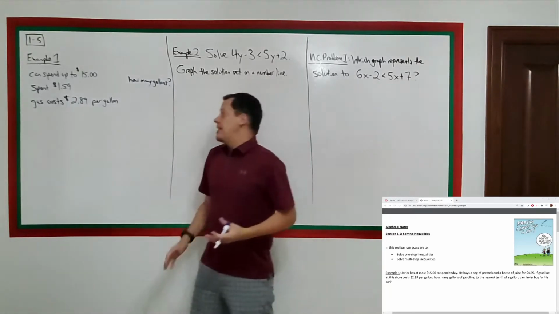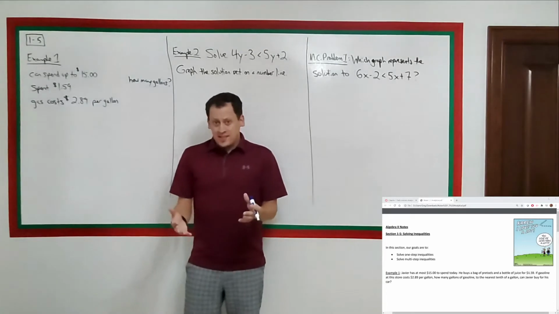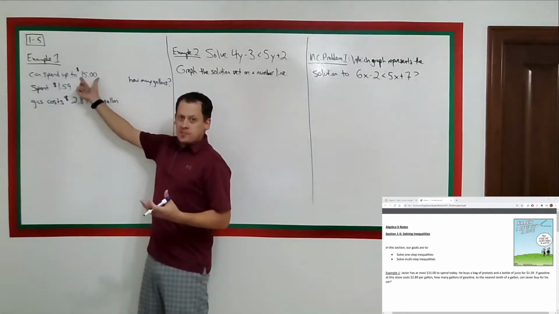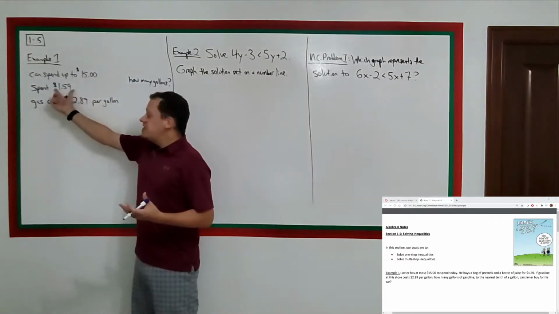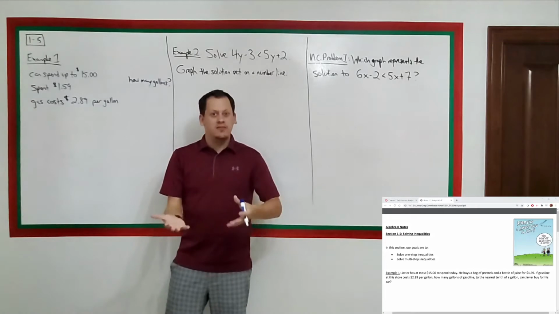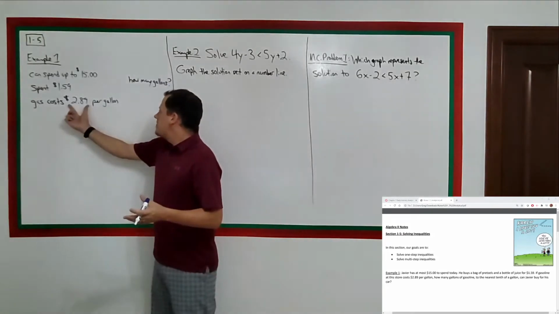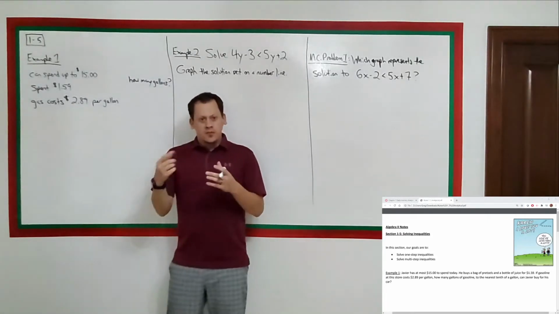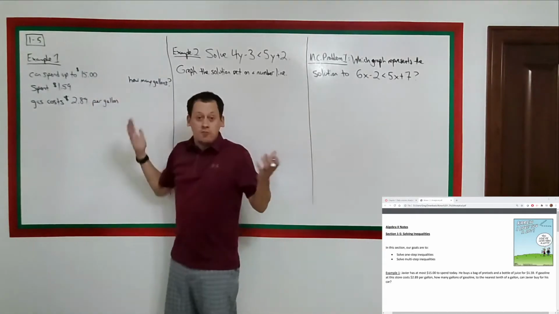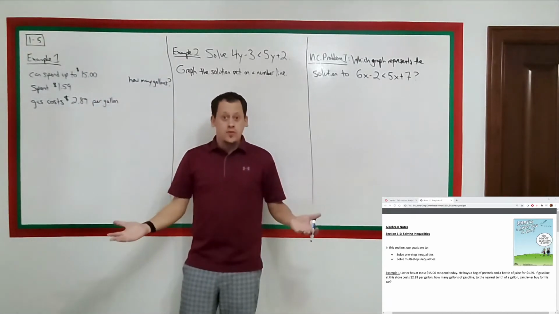From a common sense standpoint, you could say, okay, he had up to $15 he could spend. He already spent $1.59, so take that out from 15, see how much you have left. And if gas costs $2.89 a gallon, just keep adding on $2.89 for every gallon until you hit however much money he has left. You could do that.